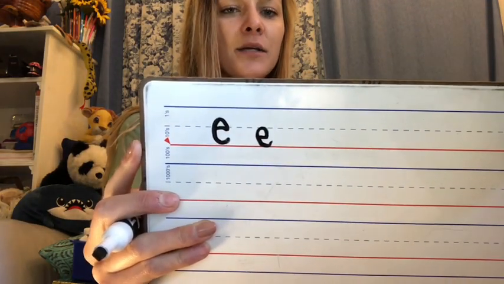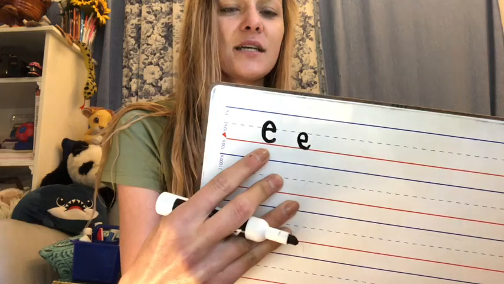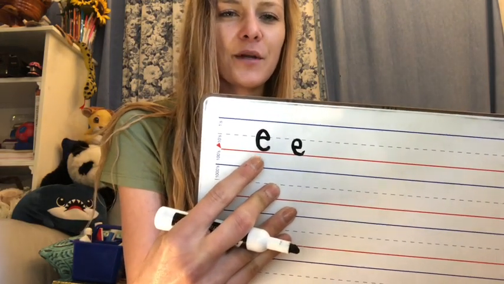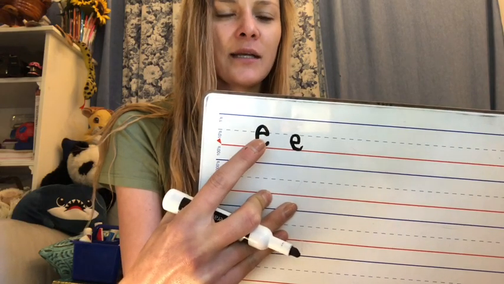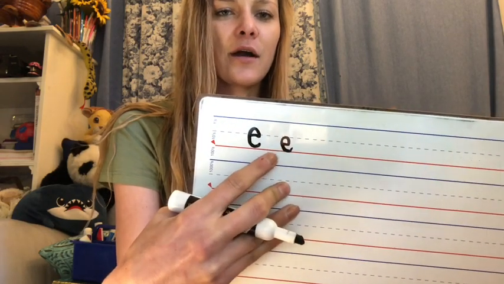It's a little bit of a smaller space, so when I'm teaching it first, if I notice that my students have problems with letter formation with the letter E, I have them start on the dotted line. And then as we go through the year, I start to encourage them to write it below to make it an official lowercase letter. So for the letter E, the directions on the verbal pathways say across and around.